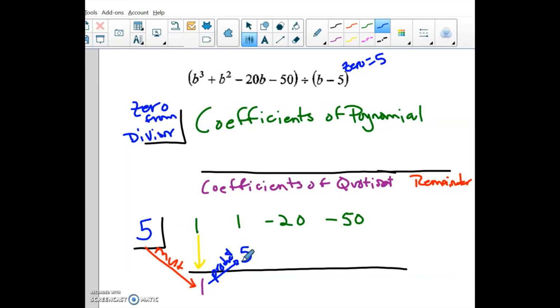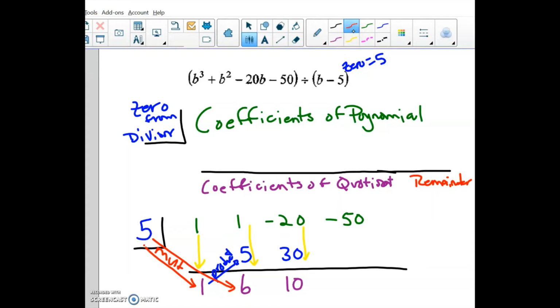We will combine these numbers. 1 and 5 makes 6. We'll multiply again. 5 times 6 is 30. We'll combine those two numbers. Negative 20 and 30 is 10.